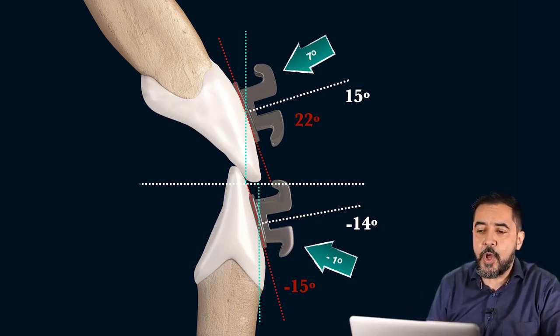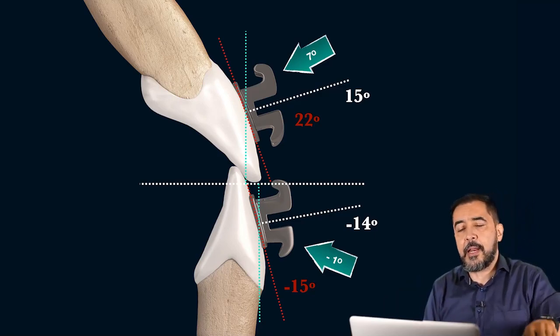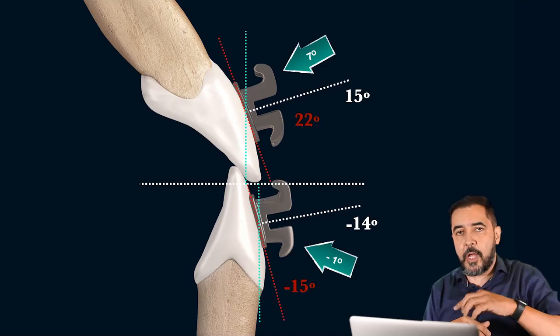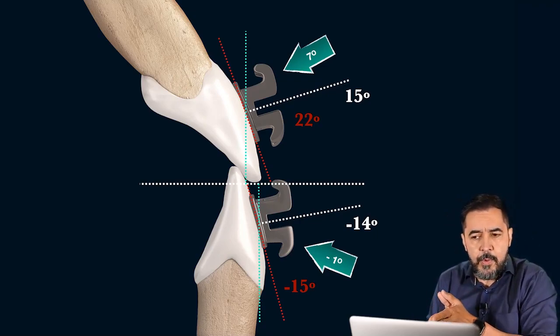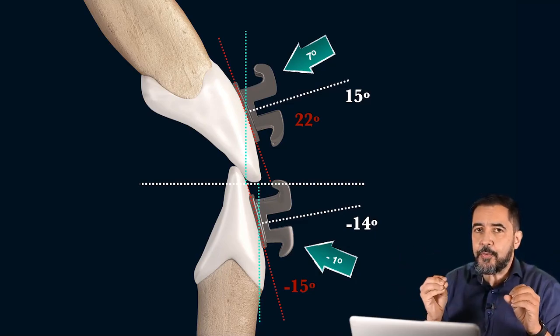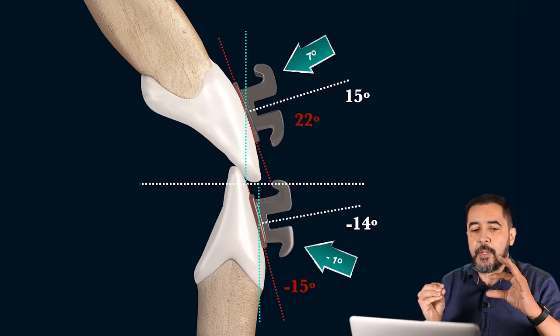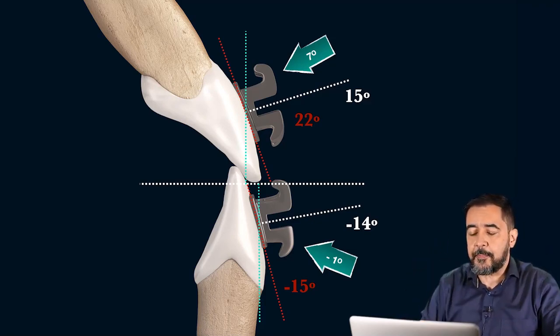So we have a 15-degree difference between the inclination of the crown and the inclination embedded in the slot. We have to understand that this difference of inclination will apply a different relationship between the arch wire and the slot. Let's see.